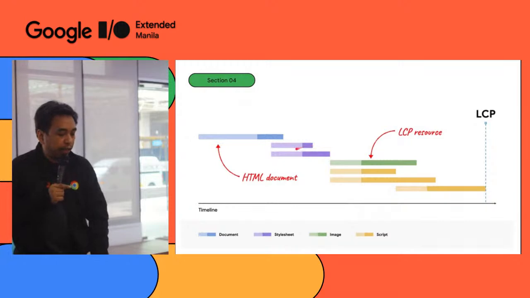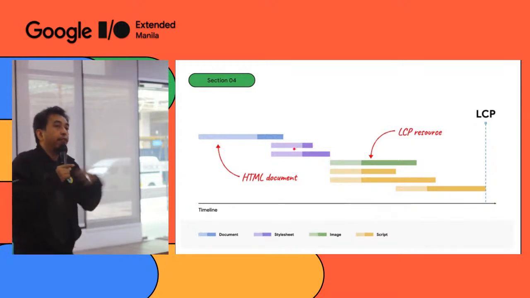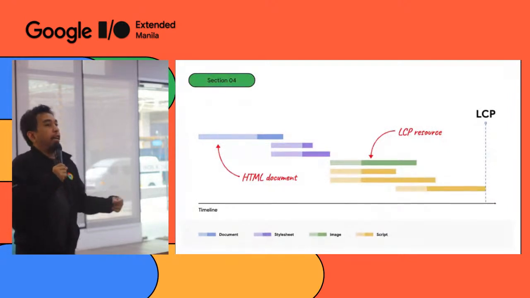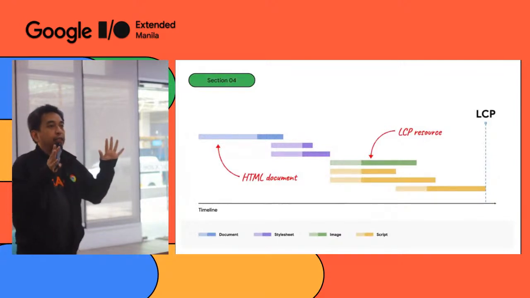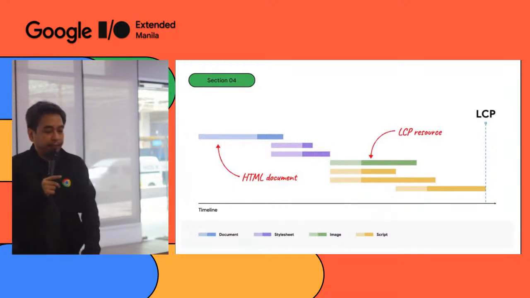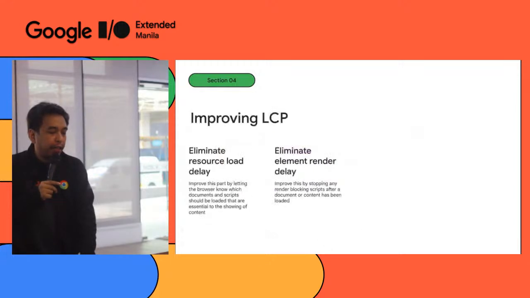Now, the other thing is, you can also, on the server side, set your server protocol from HTTP 1.1 to HTTP 2.0. Why? Kasi pwede kang mag-parallel sending pag 2.0. Pag 1.1, isa-isa lang yan.